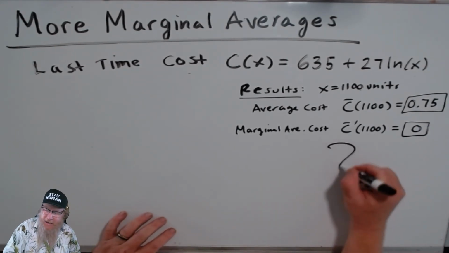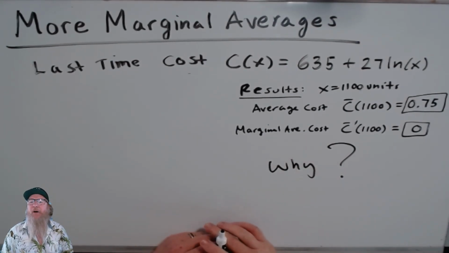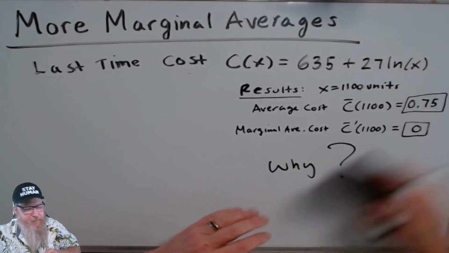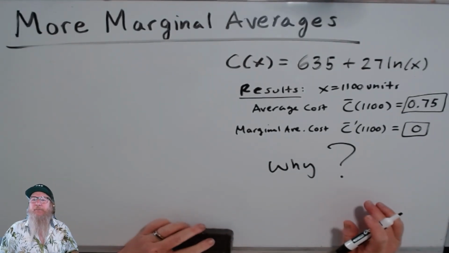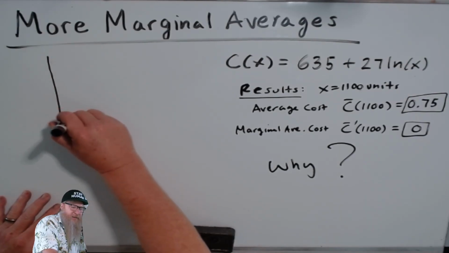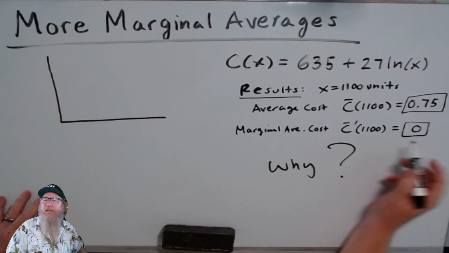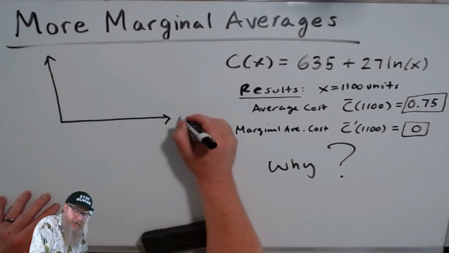All right. And I just want to talk a little bit about why this is true before I move on. Let me point a couple things out. It's not actually as if this is costing you nothing. It's that the marginal average is nothing.